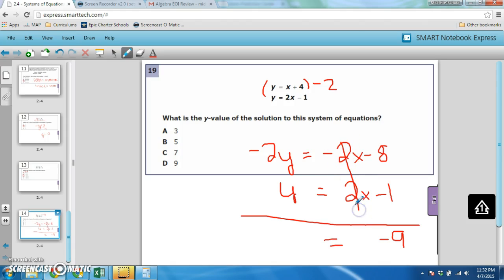Those cancel out. Perfect. Negative 2 plus positive 1 is going to give me negative 1. I divide both sides by negative 1 and I get y equals 9.